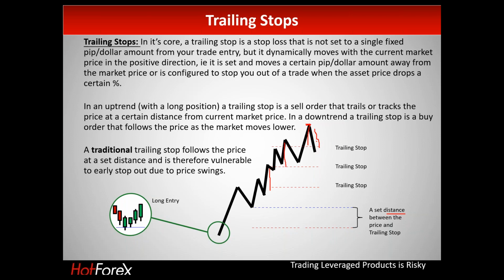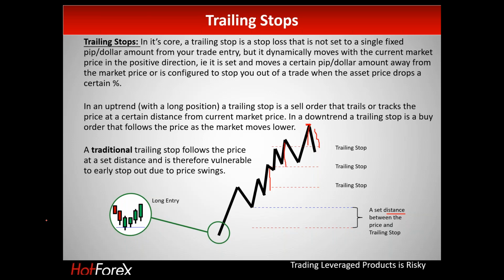Since it keeps falling, the stop will be automatically triggered. So a trailing stop is more flexible than a fixed stop loss order because it automatically tracks the price direction, and you don't have to manually reset your stop loss.